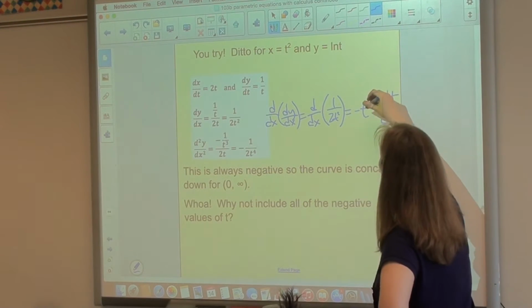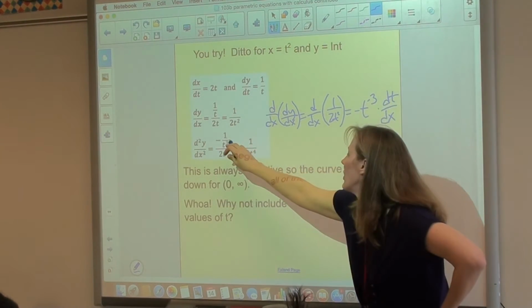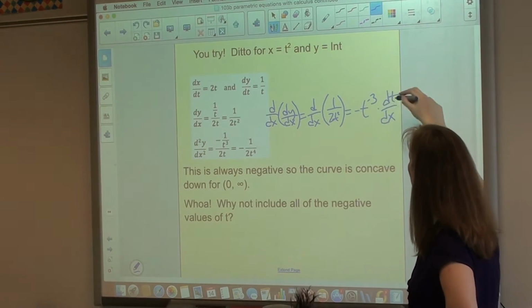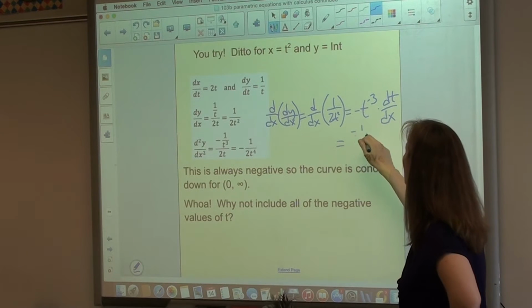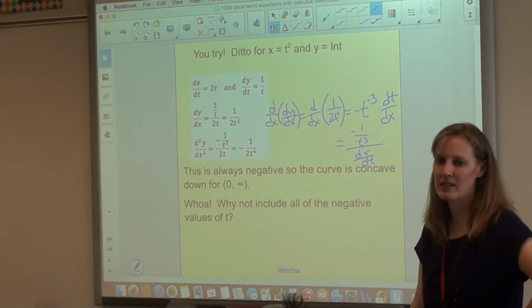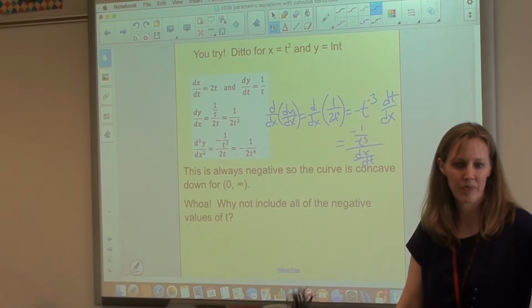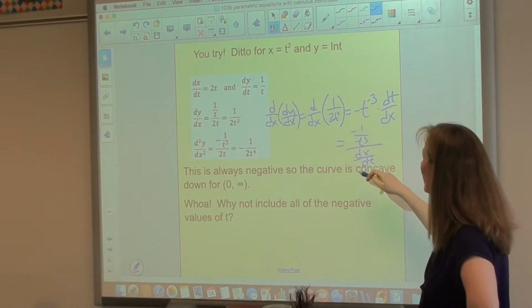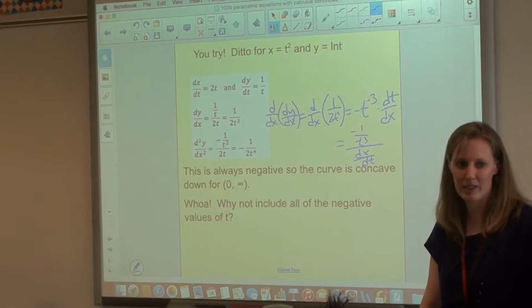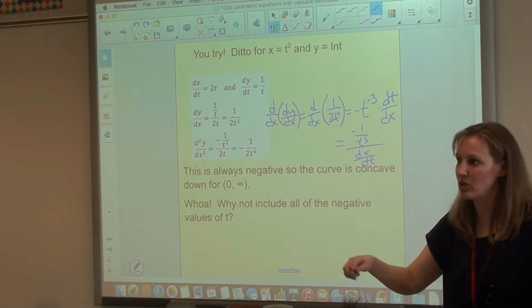That's how you get your negative 1 over t cubed, and times dt/dx is the same thing as divided by dx/dt. I don't know if that helps you or not, but that's how you end up with that divided by dx/dt for each subsequent derivative.